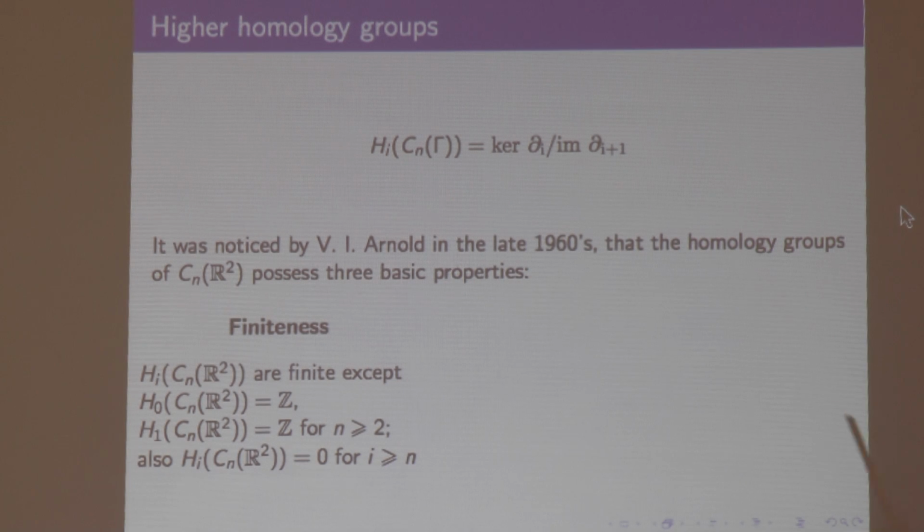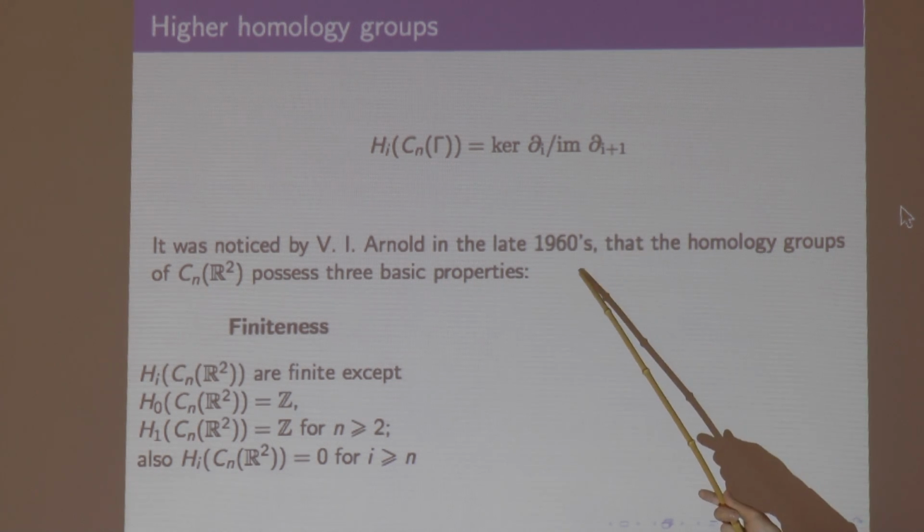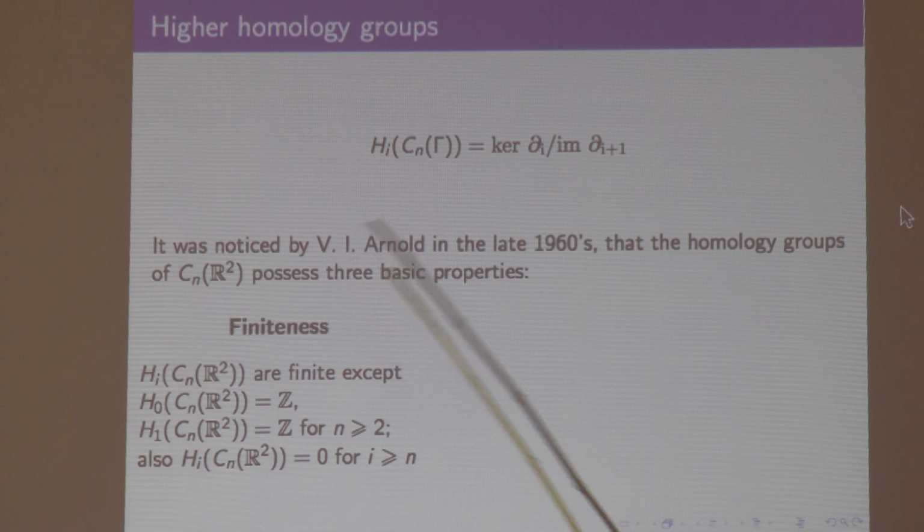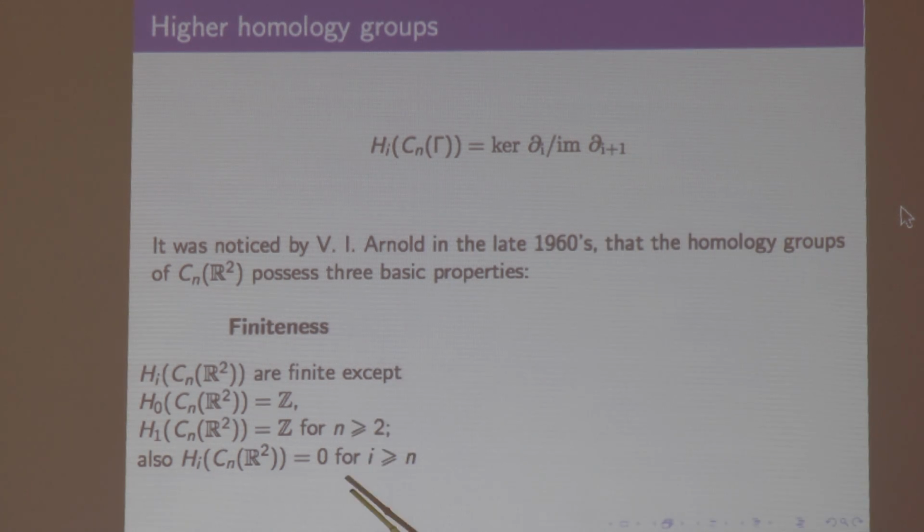Arnold computed the higher homology groups for the case of R2, and he noticed that these groups are usually finite. Some of them vanish, so when we want to find cycles of too high dimension and we put too few particles, then we don't have those cycles. This is what it means that the high homology group vanishes.